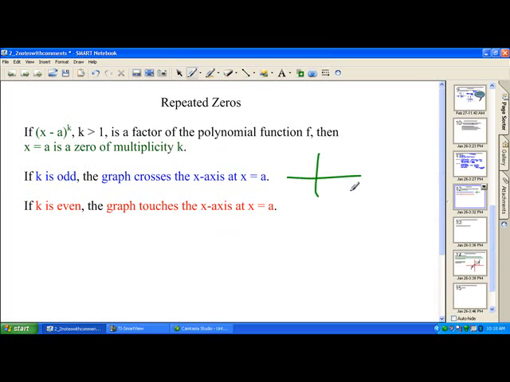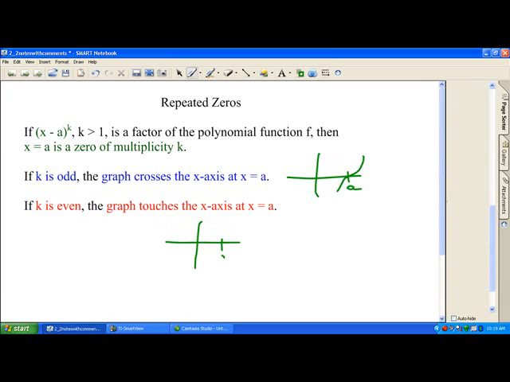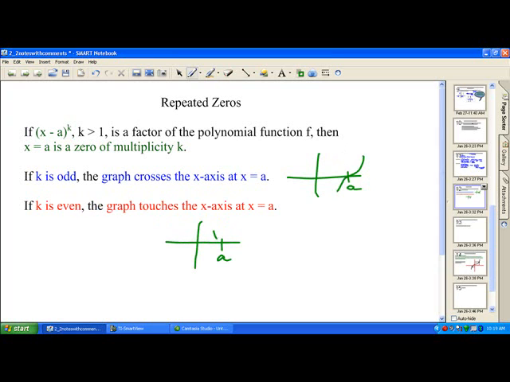So if this is a, and k is odd, it's going to go through the x-axis. Now it could certainly come down through it, but it's going to cross it. If k is even, the graph touches the x-axis at a. So that's where it's going to go down to it, touch it, and come back up. Okay?